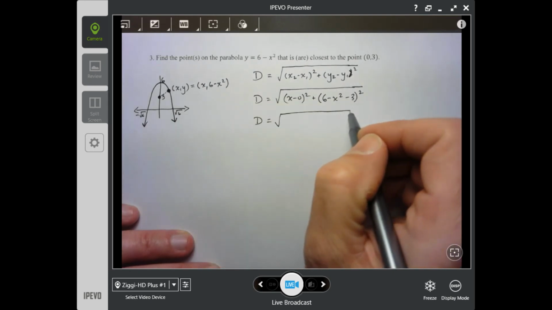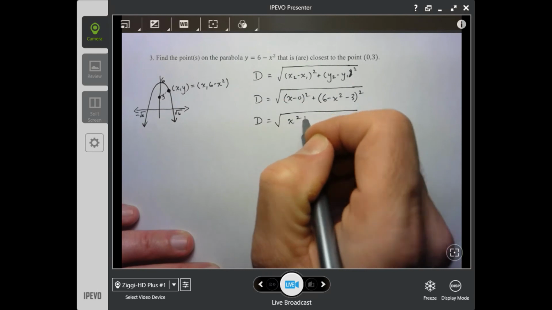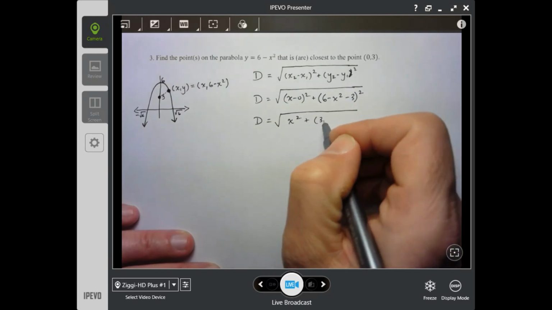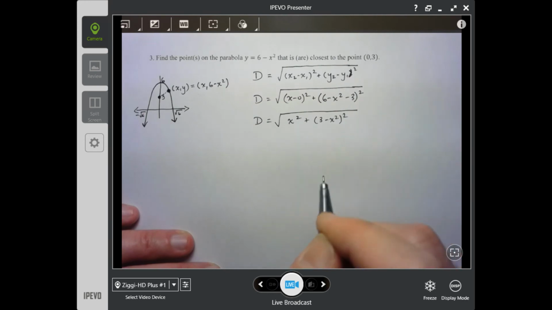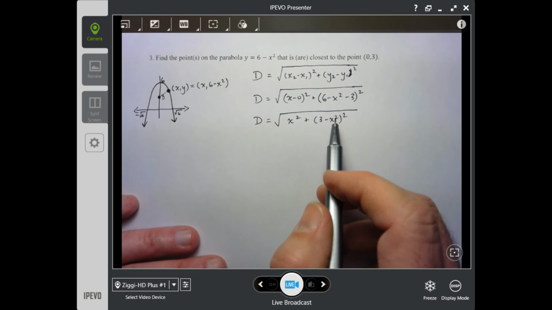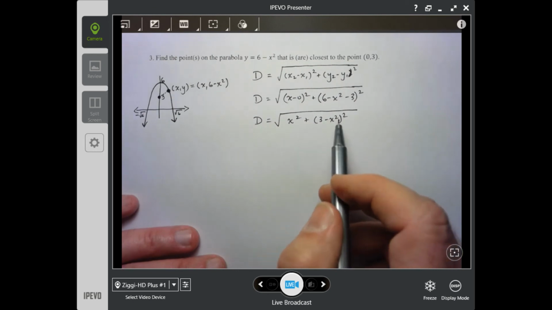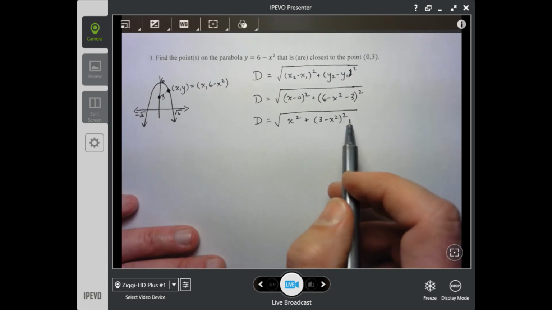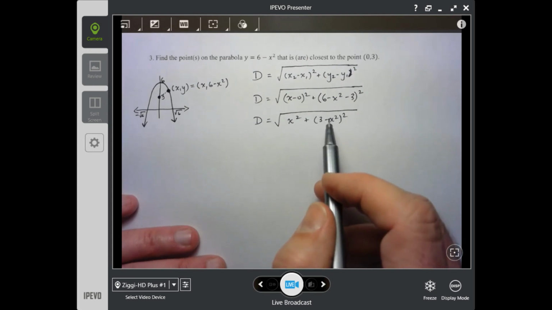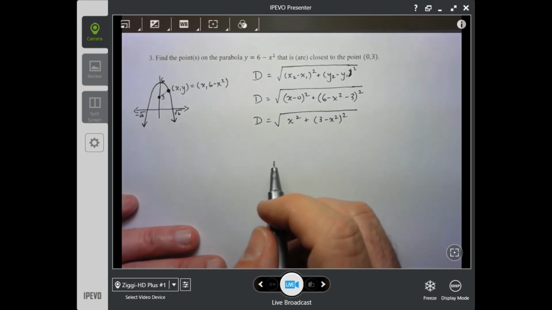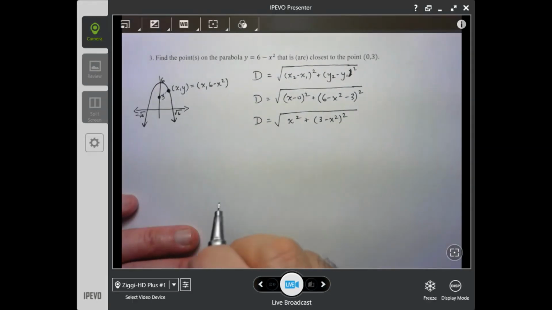So here we're left with just x squared, and 6 minus 3 is 3, so I'm going to have plus (3 minus x squared) all squared. And I don't think I'm actually going to expand this, because in the end, it's going to be pretty ugly. I'm going to have to take the derivative anyways, and I'd rather just use the chain rule instead of multiplying this out and ending up with an x to the 4th in there. Okay, so I'll choose to leave it like this.